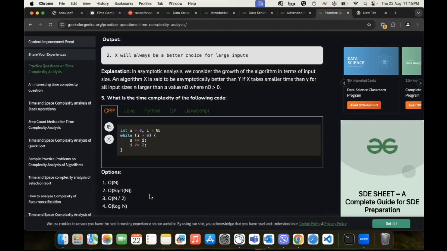Correct, no? So if you take 2, 2 is greater than 0, then i is equal to 2 by 2, 1. So again it executes. So it executed twice. Okay. Let's say n is 16. It will be 8, again it is greater. 8, 4, 2, 1, 0.